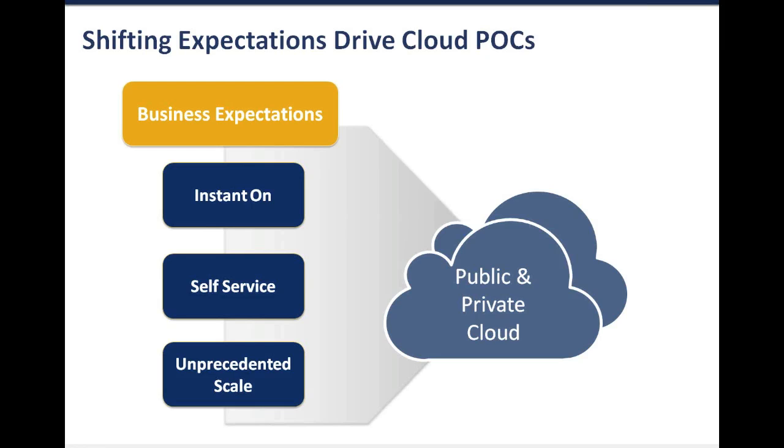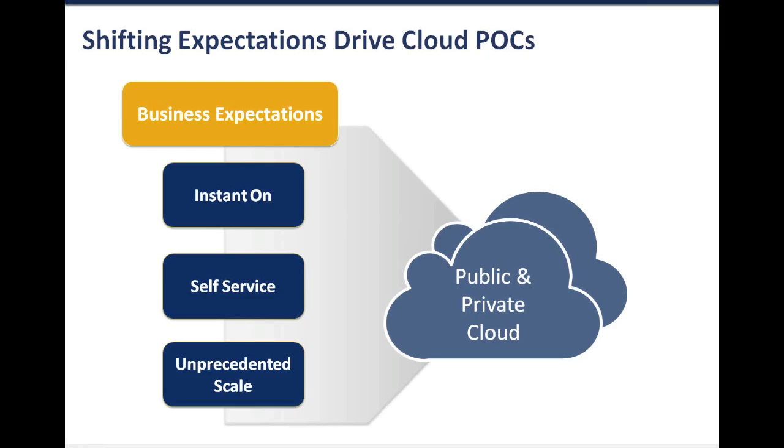Those standards are things like instant on. I want to be able to use this immediately. I want to be able to get self-service access to the types of technologies that I need to run my business or my organization or my application. And we're starting to see those applications morph into things that have much larger scale.